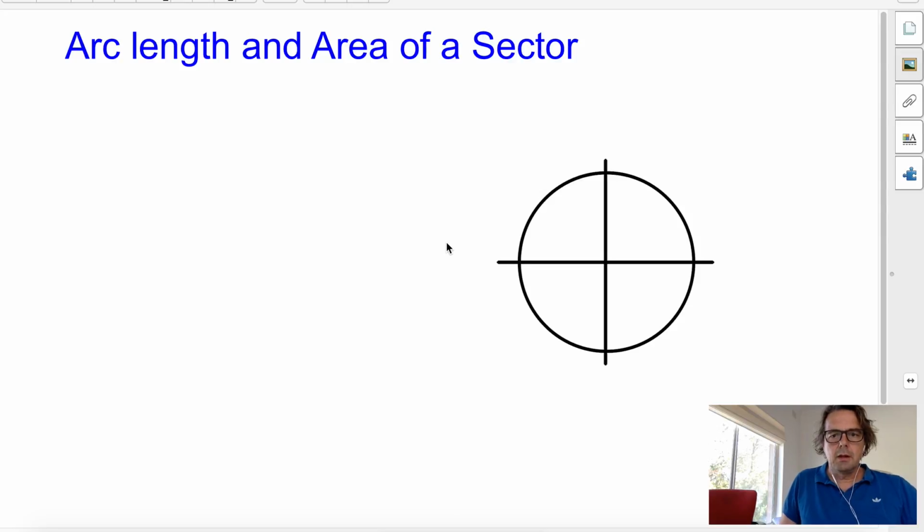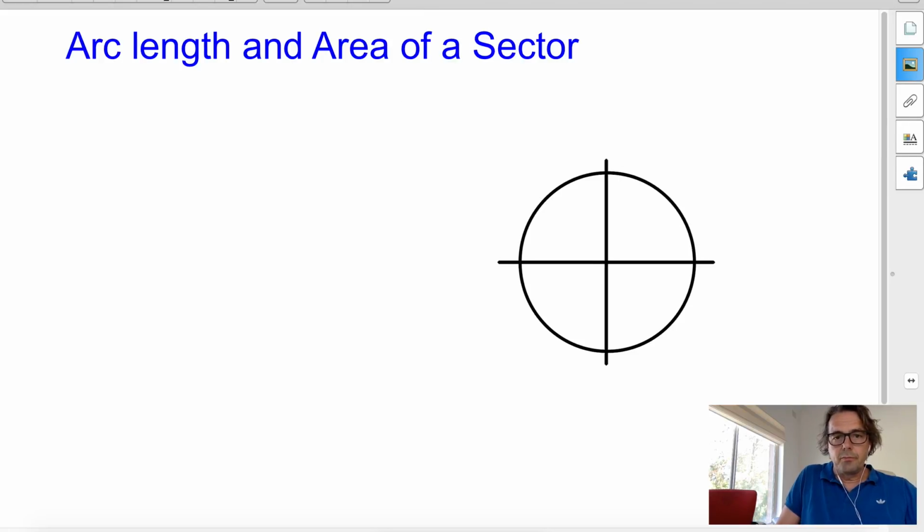Hi guys, and now that you know how to work in radians, it's time that we look at the arc length and the area of a sector in a circle. Radians was all about arc length really, and arc length is this length here.